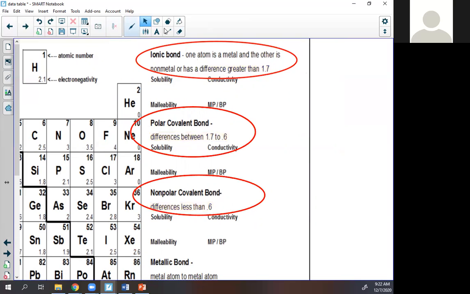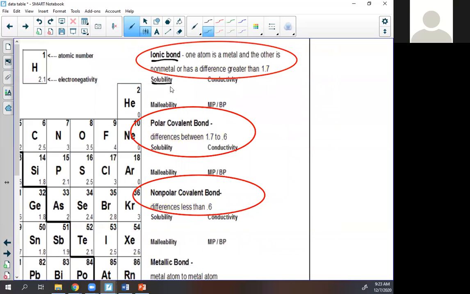Okay. So if we look on our data table at the substances that are ionic, and we look at their solubility. Now, just an FYI, in case you don't remember from chemistry A, solubility means the ability of a substance to dissolve in something else.